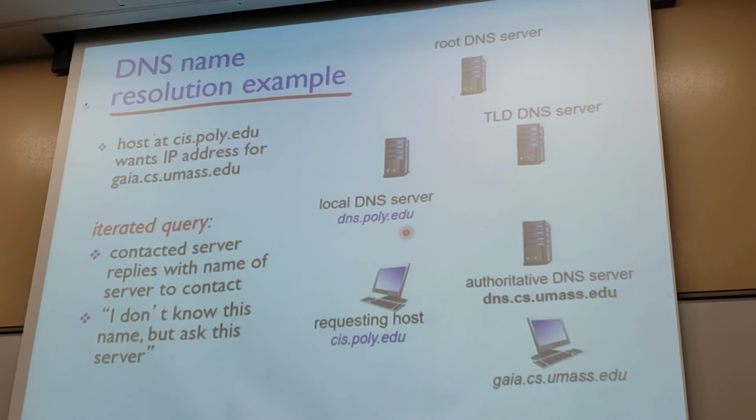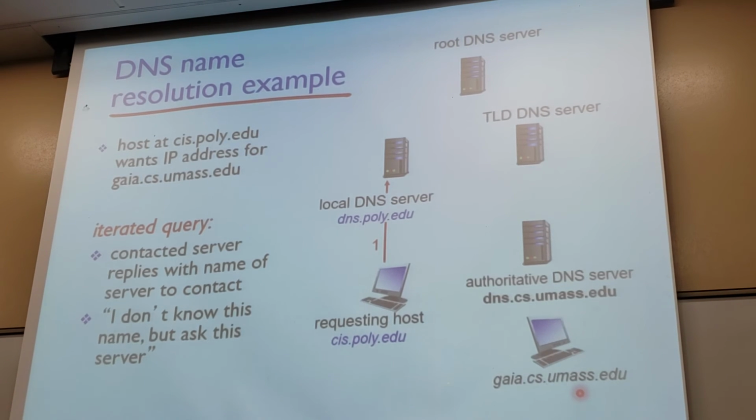It's been offline, it lost everything that it had, so it's clueless, it has no idea where anything is. First thing you do is connect to your local DNS server and say, hey, I'm trying to find this host. Your local DNS server is clueless too, it's never looked up anything.